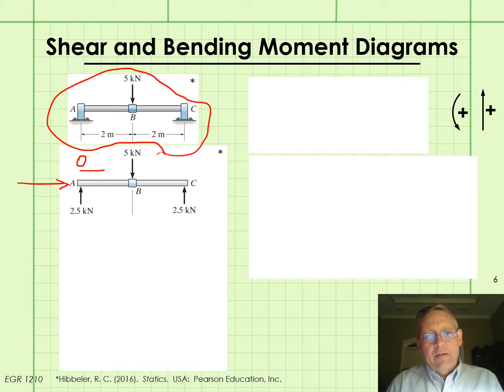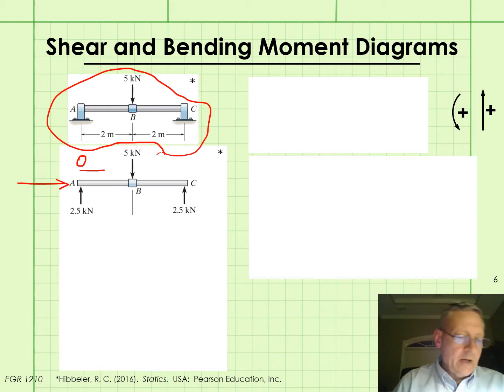And as we established a couple slides ago, these discontinuities will occur where a distributed load changes value, a concentrated force is applied, or a moment is applied.